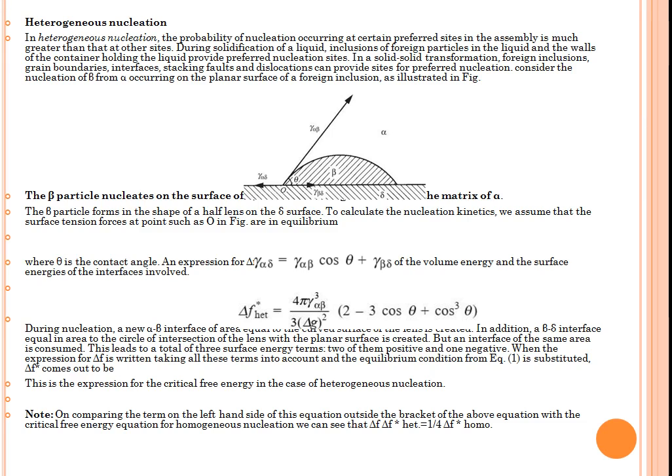To calculate the nucleation kinetics, we have to assume that the surface tension forces at point O are in equilibrium. With respect to equilibrium, all the forces are considered in the 3 directions.